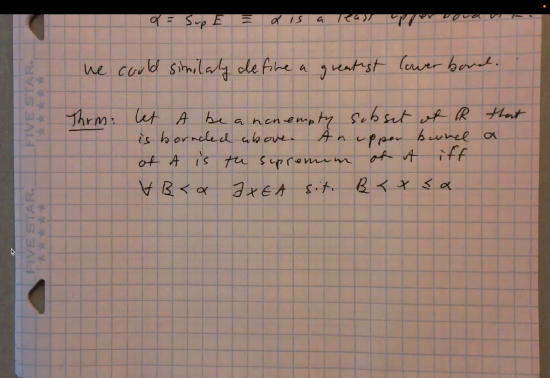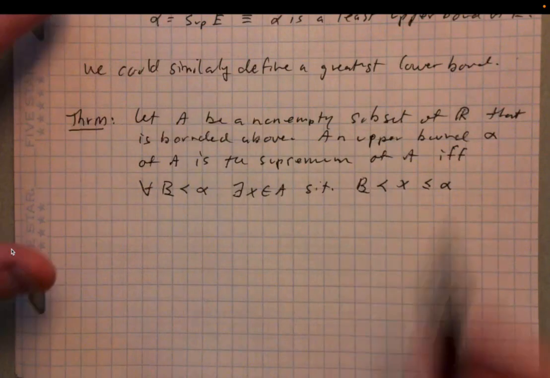That's an interesting way to characterize a least upper bound. The basic idea is that if alpha is the least upper bound of A, then for every beta less than alpha, we should be able to find some X in A such that X is between beta and alpha.